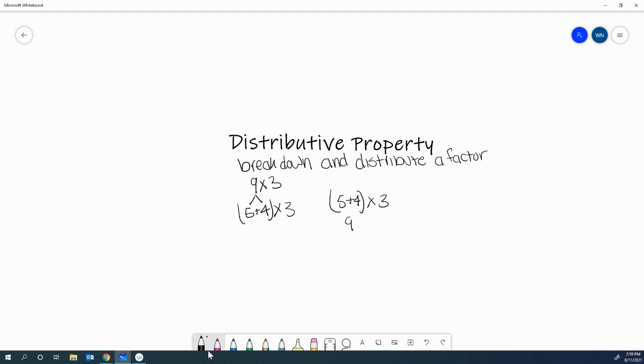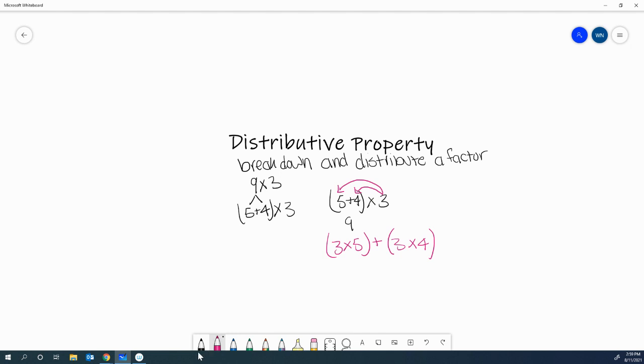Now what I'm going to do is give a 3 to the 5, and give a 3 to the 4. So we're going to end up with 3 times 5 plus 3 times 4. We're going to do a couple more of those to make sure we understand.